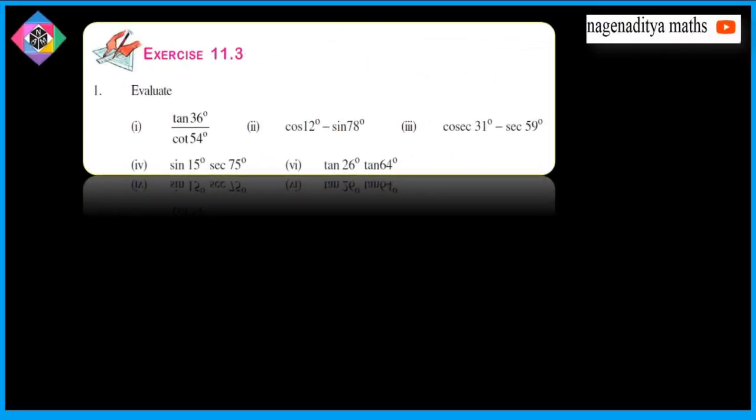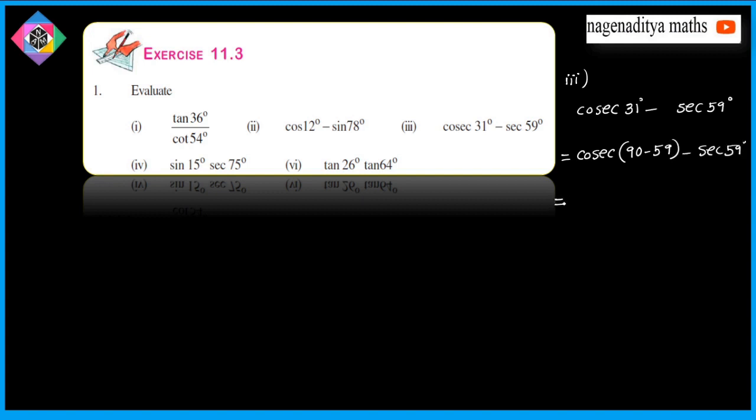Next one, third one: cosecant of 31 degrees minus secant of 59 degrees. Similarly, we can change either cosecant 31 or secant 59 in terms of 90. So cosecant 31 can be written as cosecant of 90 minus 59, minus secant 59 degrees.